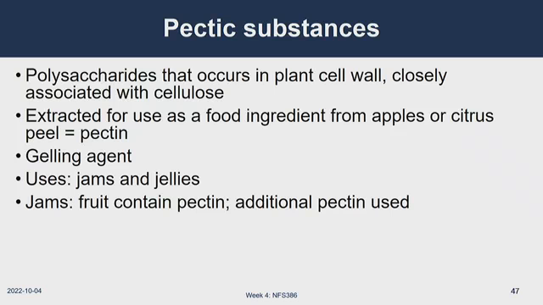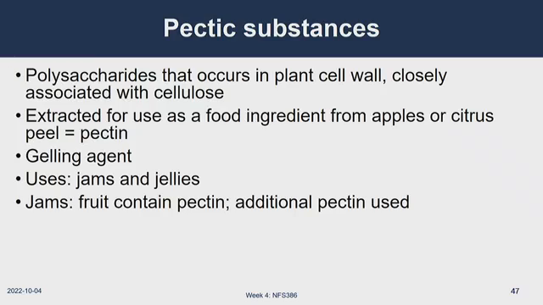Then we have pectins. Pectins are polysaccharides present in the plant cell wall, closely associated with cellulose. They are mainly present in apples and fruits. They're extracted as a food ingredient from apples and citrus peels, so usually from the peel.